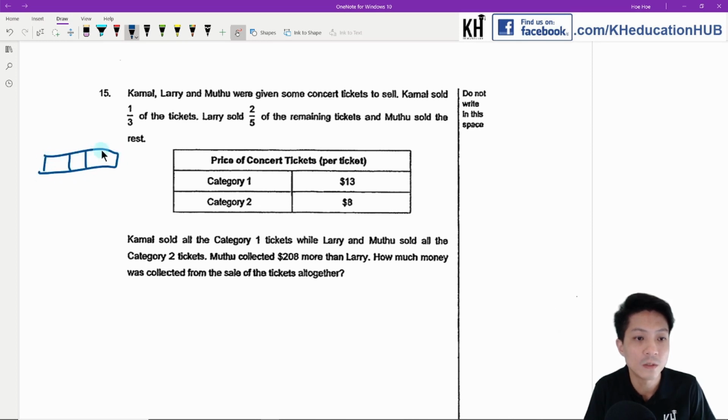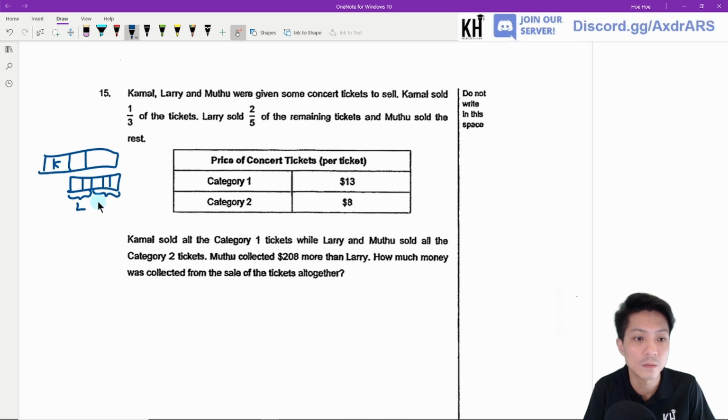Draw a simple model. Okay, 1/3 comes out. The remaining I'm supposed to cut into 5 parts. Okay, so this is Larry and this is Mutu. So this is 5 and 2, right?